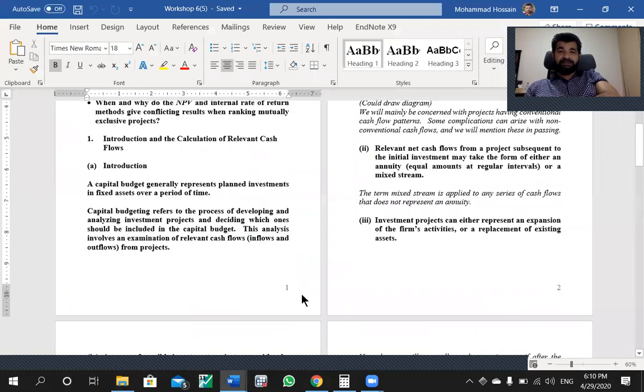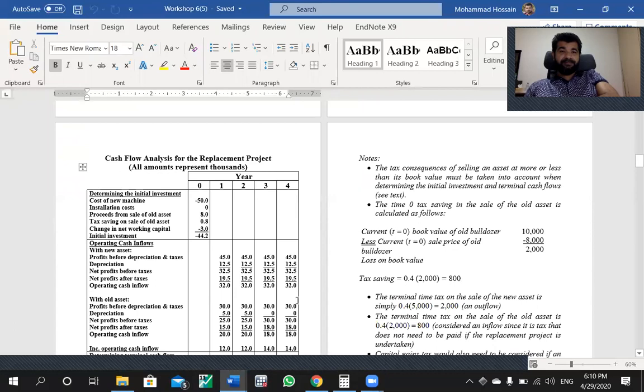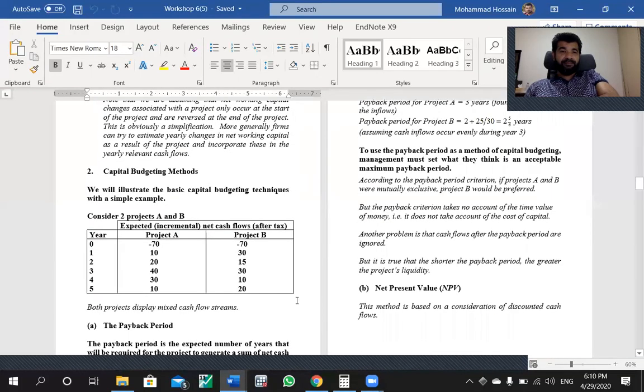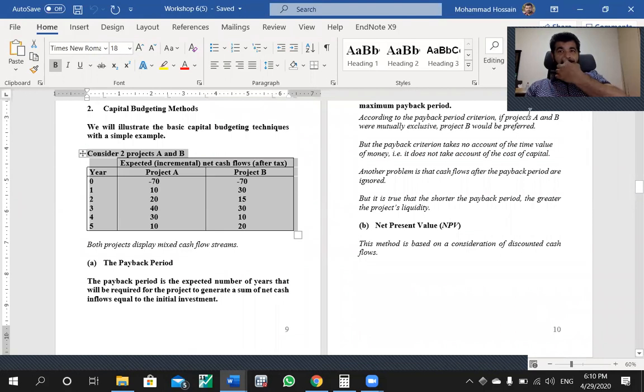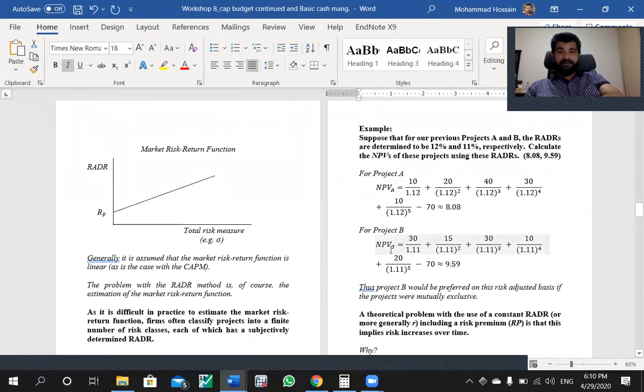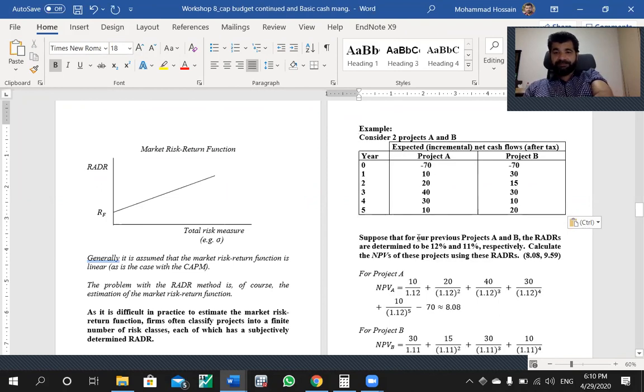Okay. So our project A and B. So this is our example. This is our project.